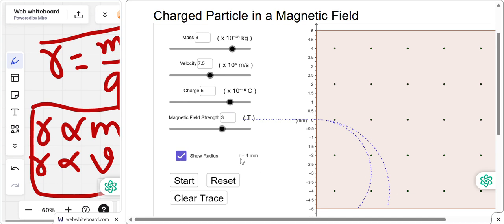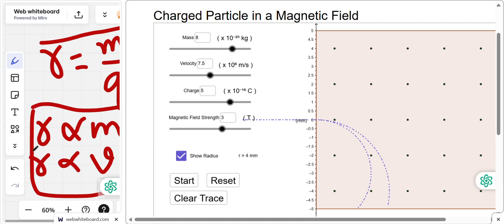Previously it was 3 mm, now it is 4 mm, and here in the simulation also you can see the radius has increased. So we can say that the radius of the circular path of the charged particle in the magnetic field is directly proportional to the mass of the charged particle.